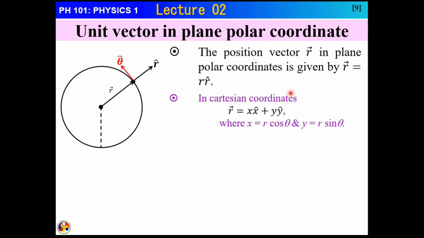Remember, in the Cartesian coordinate system, this vector r was x x cap plus y y cap, where x is r cos theta and y is r sin theta. Thus the position vector r is r cos theta x cap plus r sin theta y cap.